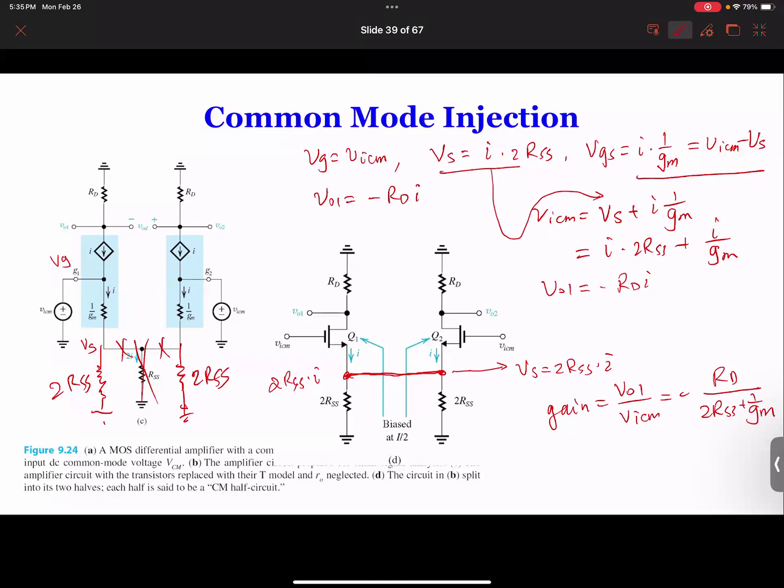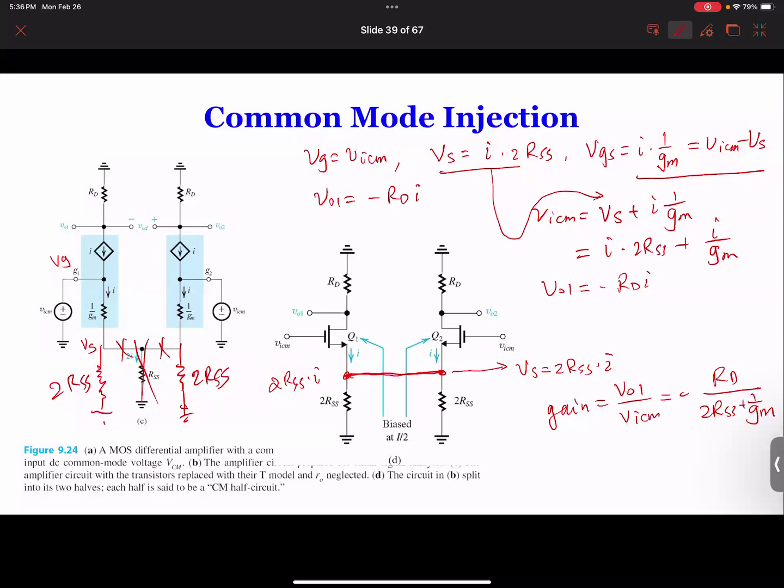I hope you guys follow me. Maybe I can explain one more time. We can write VS is here, 2 RSS times I, and VICM is equal to this plus this, and VGS equal to I times 1 over GM, okay? VICM equals this voltage plus this voltage, right?